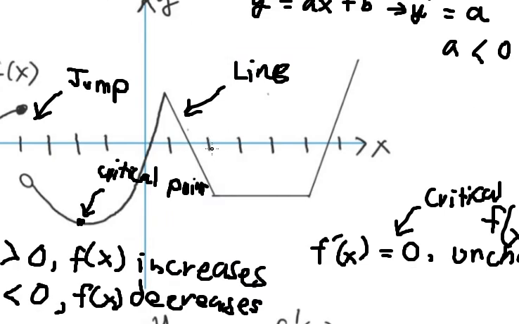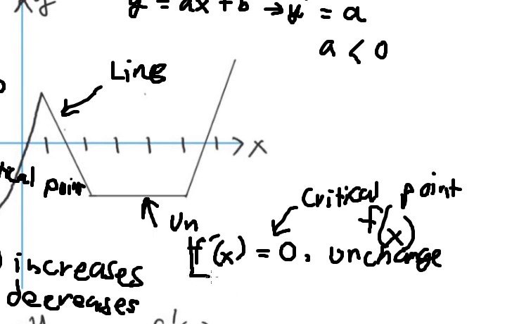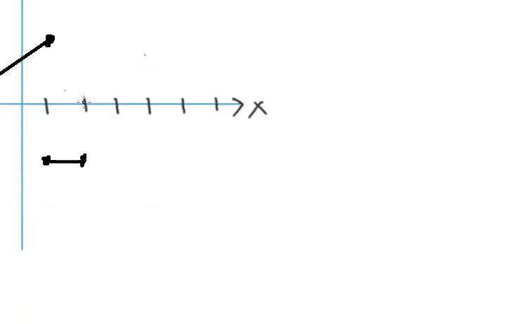The next one, from number 2 to number 5, this one is unchanged. Unchanged means the first derivative of the function equals 0. So from here to here.